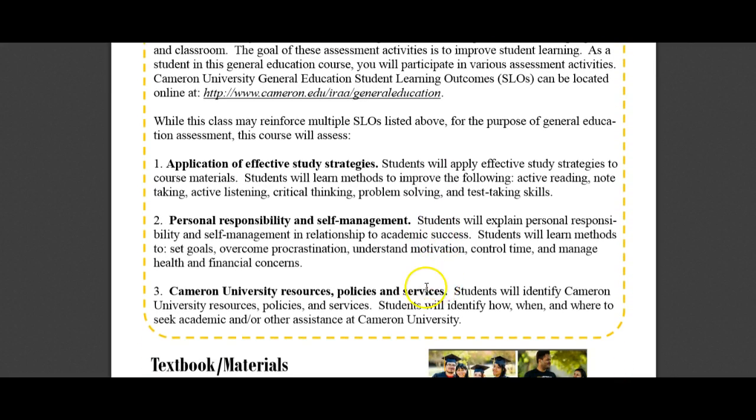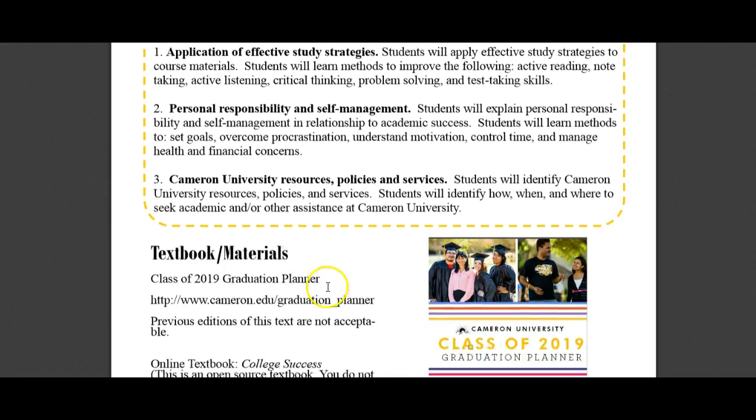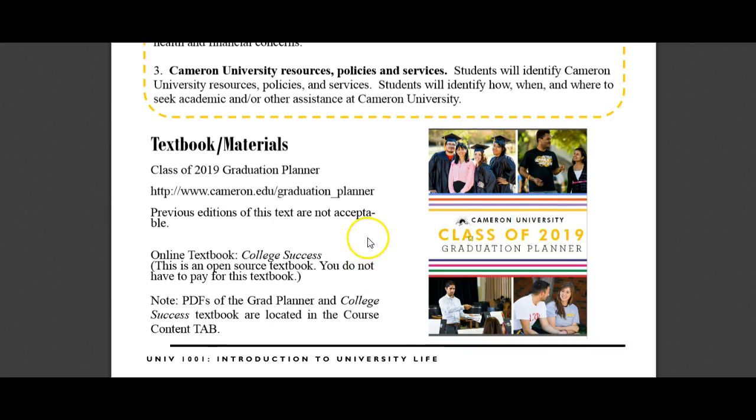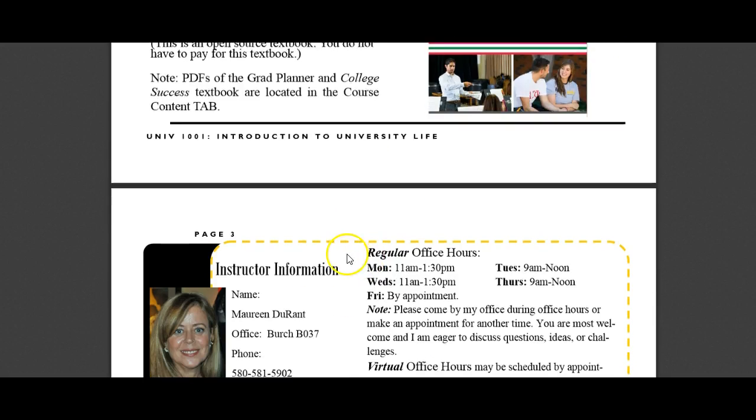The course focuses on effective study strategies, having different kinds of study strategies for different content areas for the higher level learning that you'll be doing at the university level. We'll focus on personal responsibility, self-management, and look at our Cameron University resources, policies, and services. Additionally, in this course, I like to look at other online resources as well. Again, our textbooks, as I said, are online.